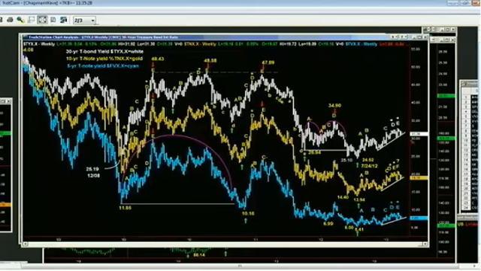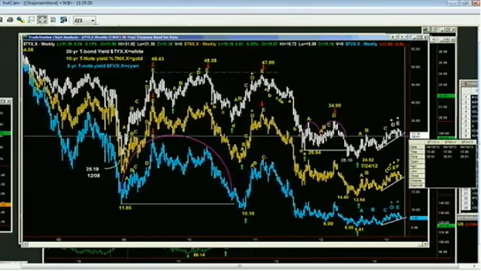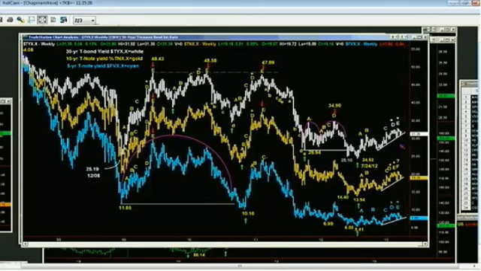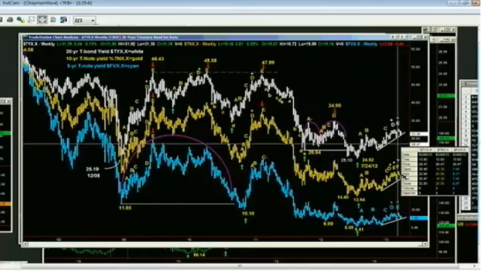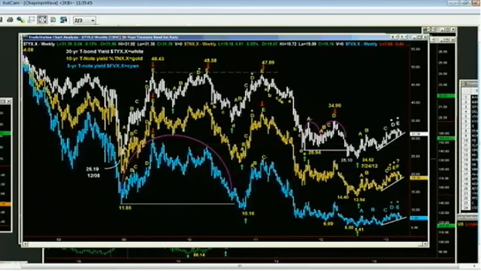If it breaks underneath 31, say goes to 30.70, it's broken that trend line. Be careful, because it could come down to the 30.34 area. It's the same with the uptrend lines of the others. They haven't got very far to go to break that trend line.